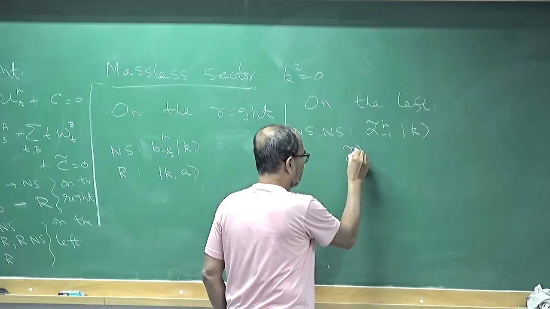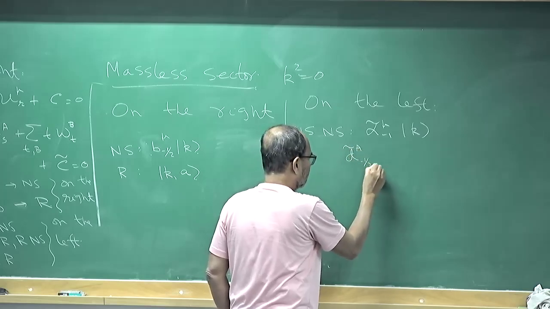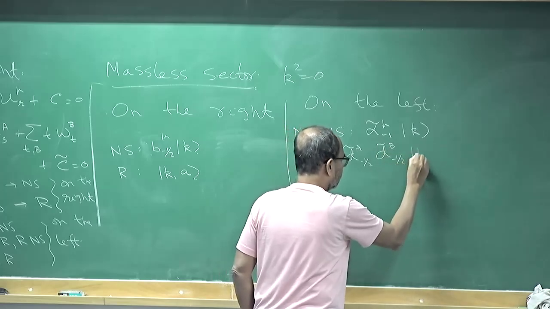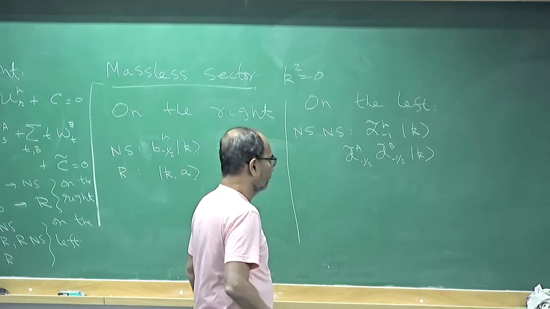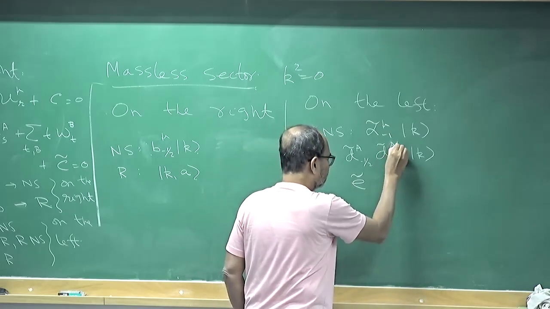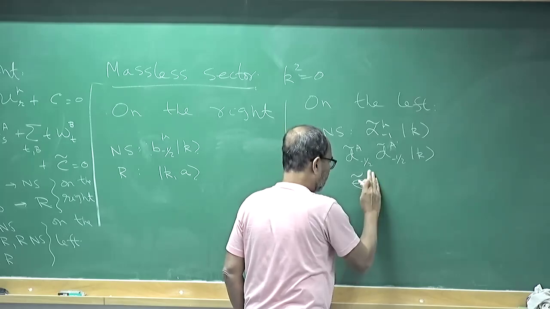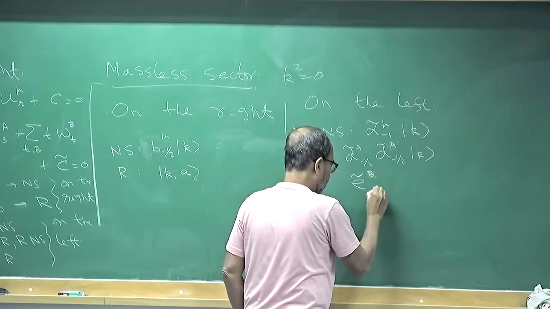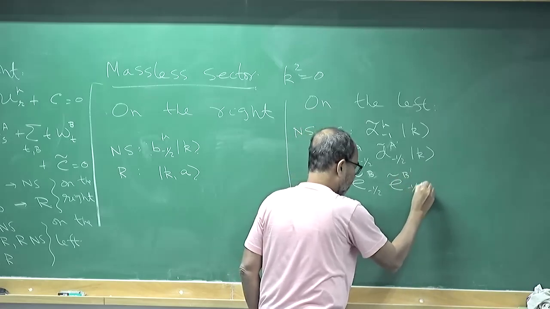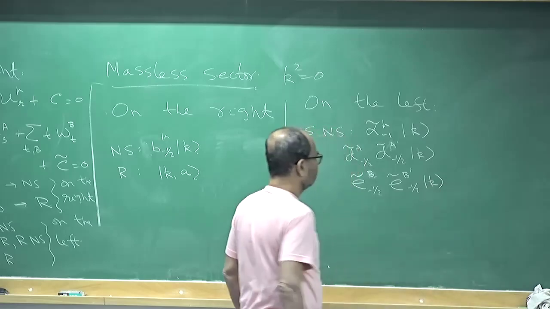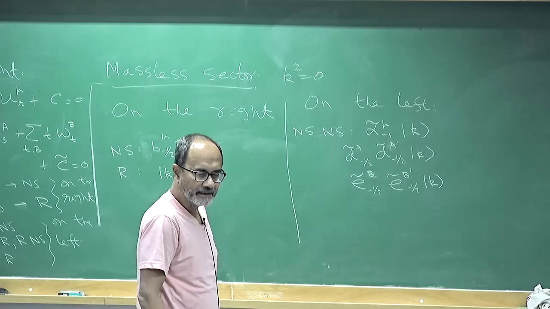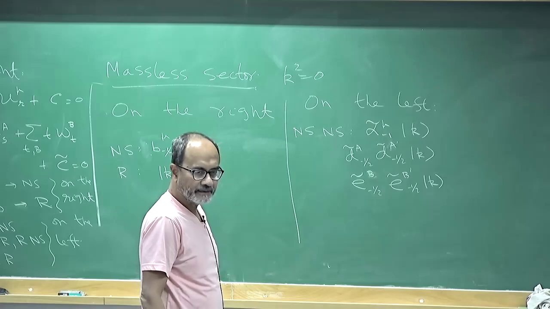Then d tilde A, d tilde B at minus half, d tilde B prime at minus half. So those are all there. You have forgotten something.